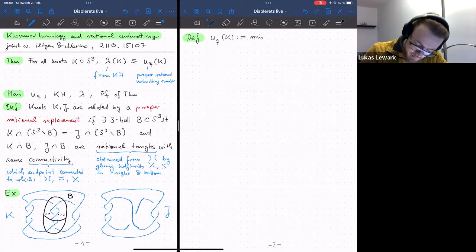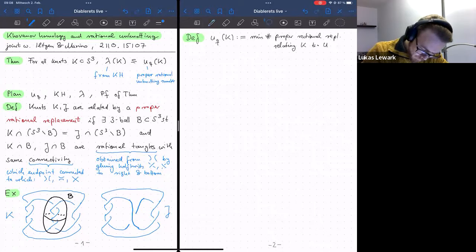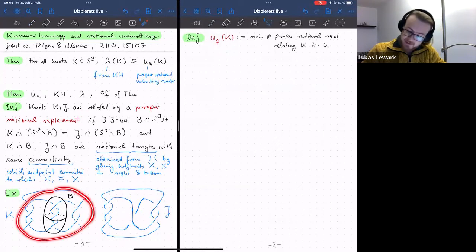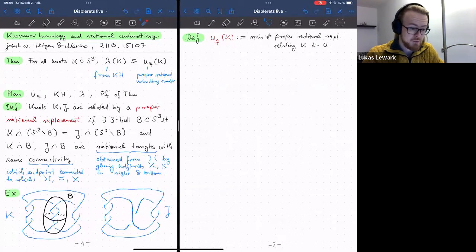So this is the minimum number of proper rational replacements relating K to U. Okay. So for example, if you look closely, this is actually the unknot, so you see that this knot here has UQ at most equal to 1. And since it's not trivial, it's actually equal to 1.